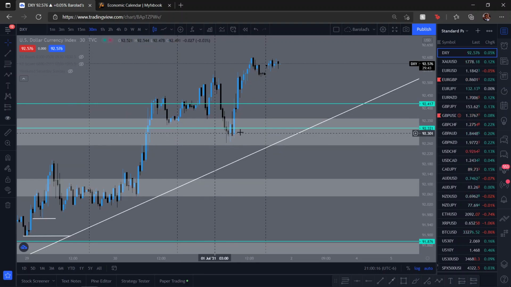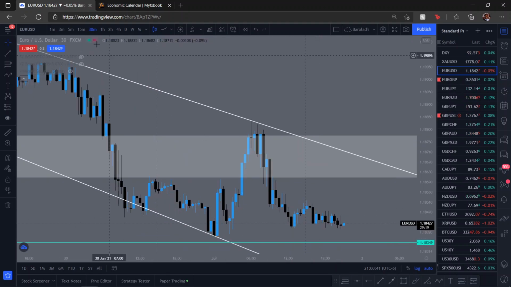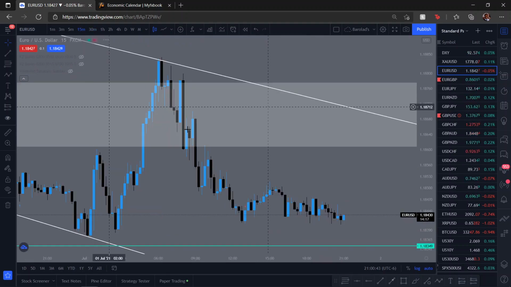This is the type of correlation we want to see, because we know that if the dollar is selling off, the euro should be rising in value, right? What do we see? Between 23 o'clock and 6:30, we see high and low on the dollar, and here on euro dollar we see low and high.